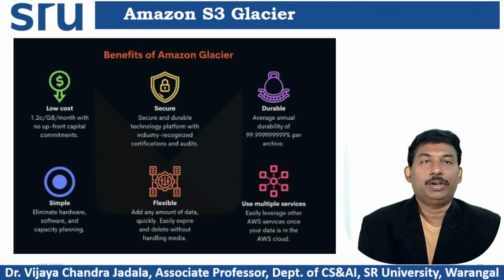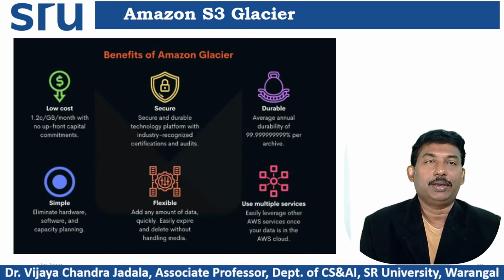Now we are going to see the S3 Glacier benefits. The benefits are majorly related to the characteristics that help the cloud storage service. The major S3 Glacier benefit is low cost.